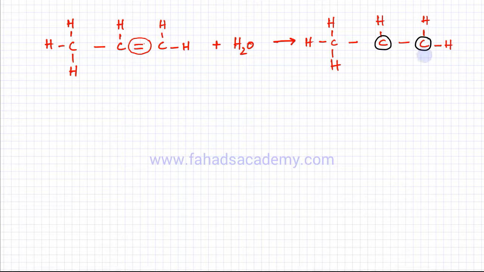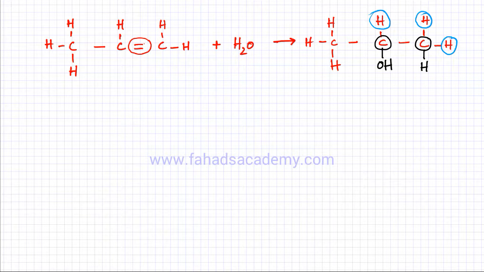H would get attached to this particular carbon atom because it's already bonded to two hydrogen atoms, whereas this carbon atom over here is only bonded to one hydrogen atom. So the hydrogen atom is going to get attached to the carbon atom which is already bonded to more hydrogen atoms, and this carbon atom would be attached to the OH group.